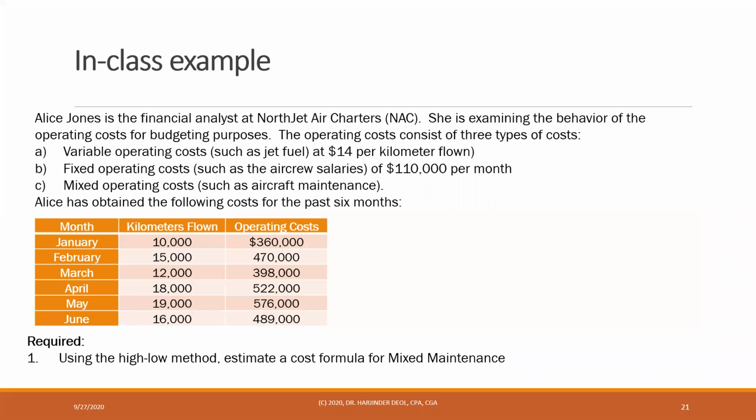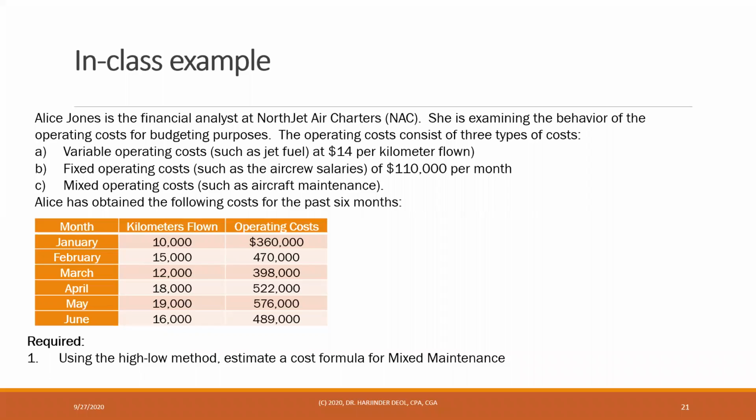Another example, so Alice Jones is the financial analyst at Northjet Air Charters, NAC. She is examining the behavior of the operating cost for budgeting purposes. The operating cost consists of 3 types of cost. A, a variable operating cost such as jet fuel, which is $14 per kilometer flown.